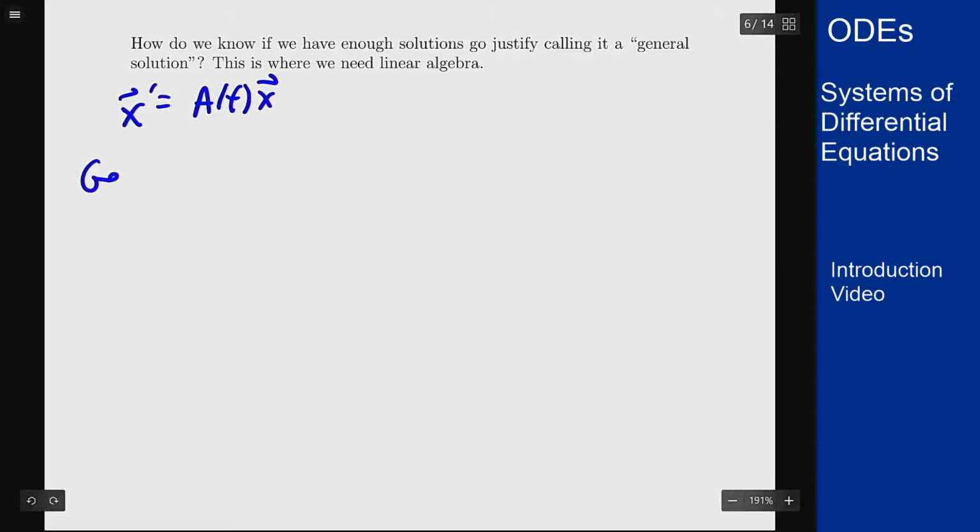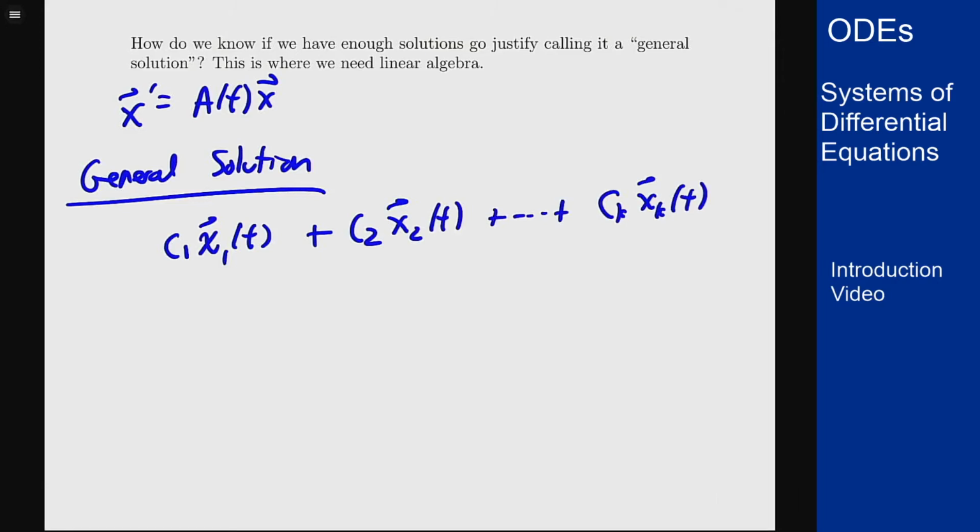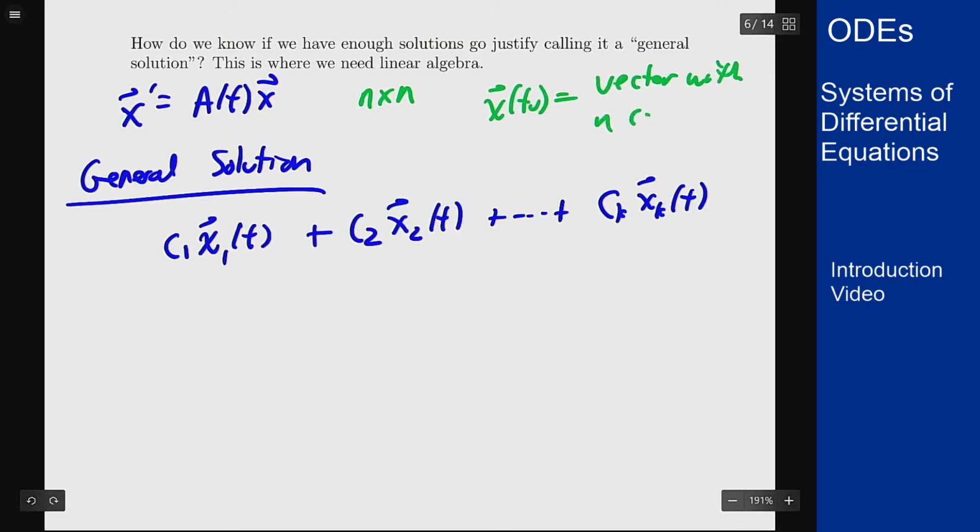A general solution should look something like c1 times a certain solution x1 plus c2 times a certain solution x2, up to ck times a certain solution xk of t. Now let's assume that I have an n by n system here, so A is an n by n matrix, which also means my initial condition will be of the form x at t0 is some vector with n components.